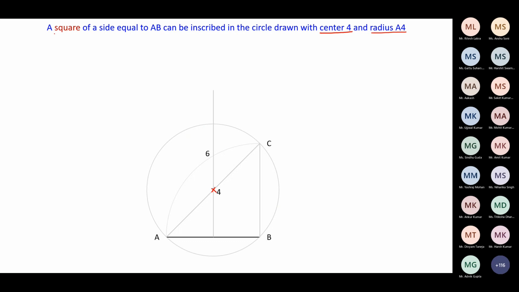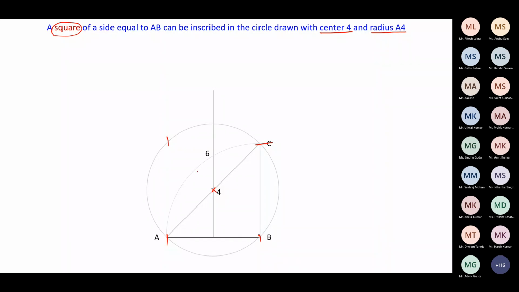Once we have this circle drawn, the next part is easy. As we are going to construct the square, we already know the length AB. We just take this in the compass and put a mark here, keeping one point here. Again keeping one point here, we mark here. And you simply join these lines.